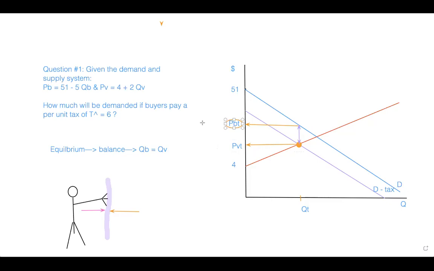But what is true is that if we look at the buyer's price with respect to the seller's price, it's always going to be the case that PVT plus the tax is going to be equal to PB.